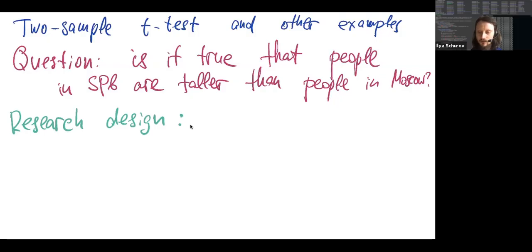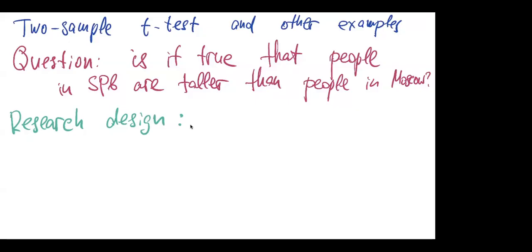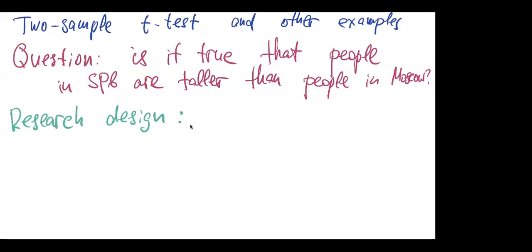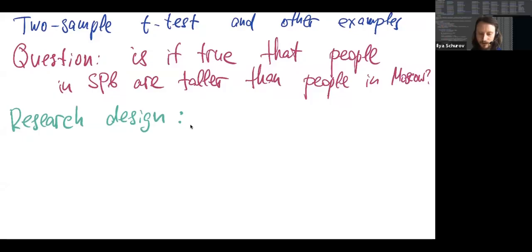Can you suggest a research design for this? If I want to answer this research question, so we measure, what should we do? Several people, like 10 people in St. Petersburg and 10 people in Moscow, several like random people. So that is my first suggestion.